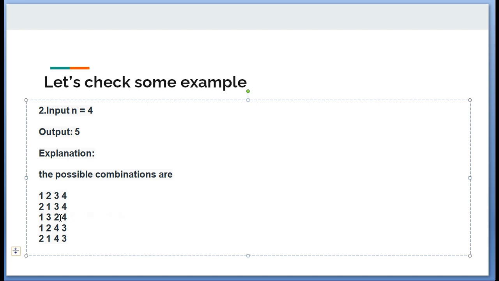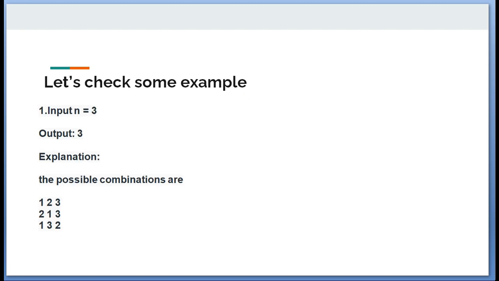populate the other values. Now see, when we fix the 4 at the last position, we can simply take the n minus 1 positions combination. See, this 1 2 3, 2 1 3, 1 3 2.